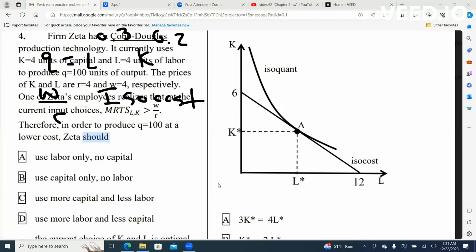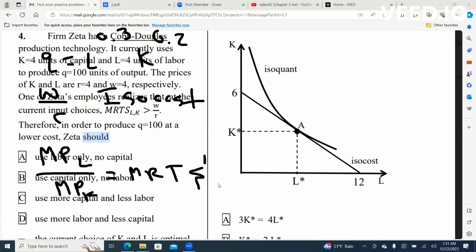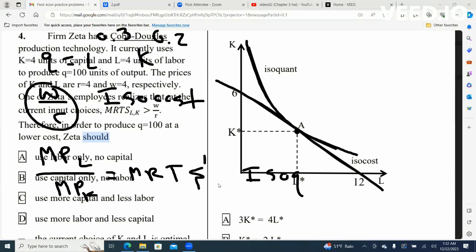Okay, so the basic procedure we're supposed to do is marginal product of labor divided by marginal product of capital, which is going to equal the MRTS. Chapter 3 is so full of notes, we never know what to grab from. This is from the isoquant. That understanding comes from the isoquant. The slope comes from the isocost.